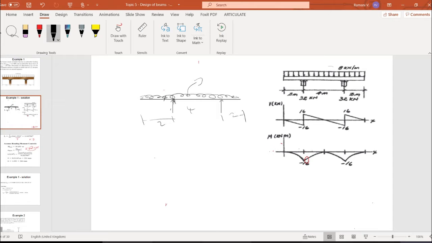If you cut this section, if you cut the section here, it will look like a rectangular one. Okay, rectangular beam. All right, just like this. If you project it, it will be having like this. Rectangular beam, rectangular beam.